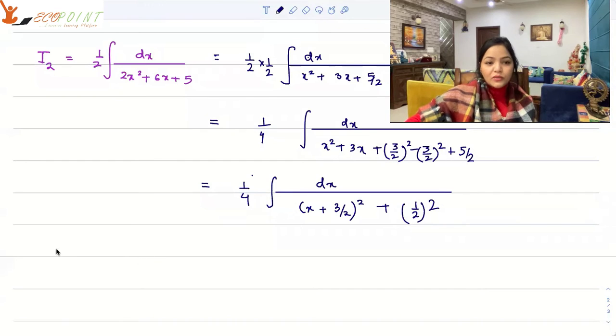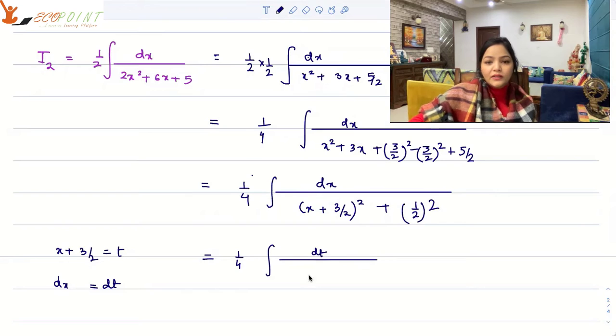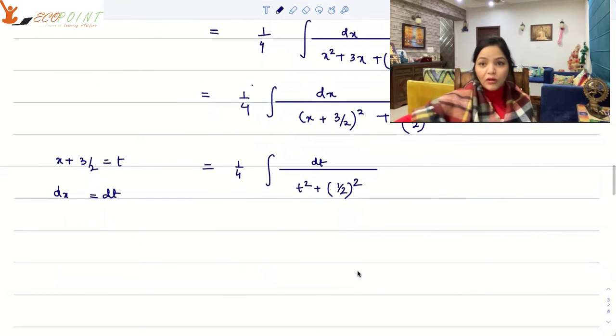Now what you can do is you can put x plus 3 by 2 as t, and dx is equal to dt. And this whole expression will look like 1 upon 4 outside and dt upon t square plus half square. Hence the solution, we already know what the solution is for these kinds of integrals. You will get something in tan inverse, yeah?